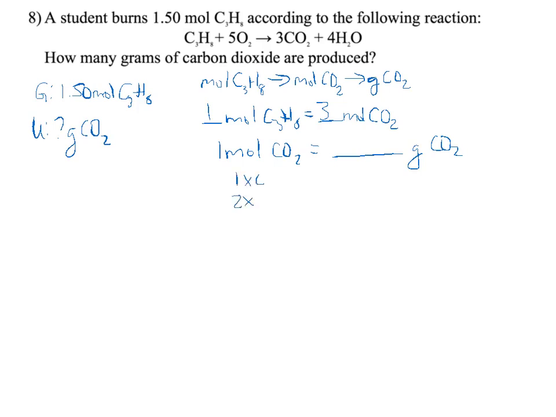We have 2 oxygens. 1 times 12.011 is 12.011. And we have 2 oxygens, and they each have a mass of 15.999. So 2 times 15.999 is 31.998. And then we have to add those two up.